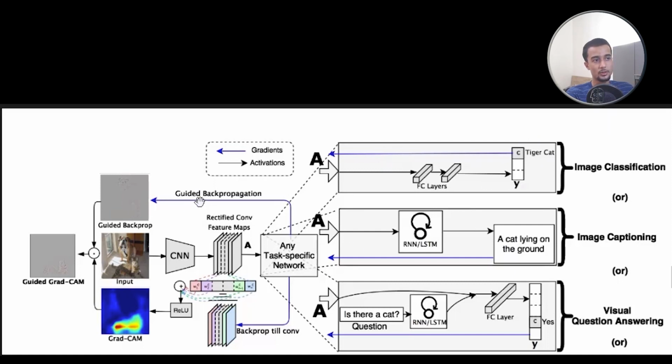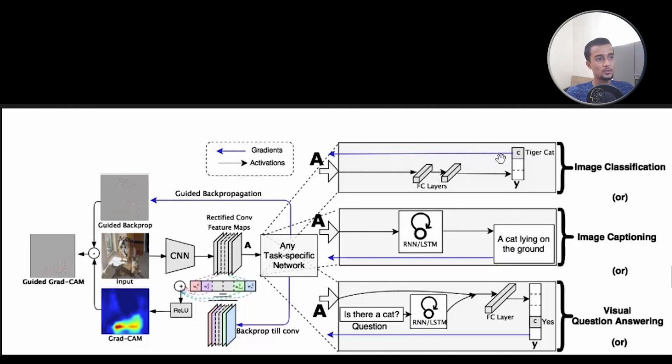This guided term refers to using guided ReLU function instead of normal ReLU function while backpropagating, and that is to negate the effect of negative gradients, and we only need to capture the effect of positive gradients, because the positive gradients have the effect over activating the predicted class, and that's what we want to capture.